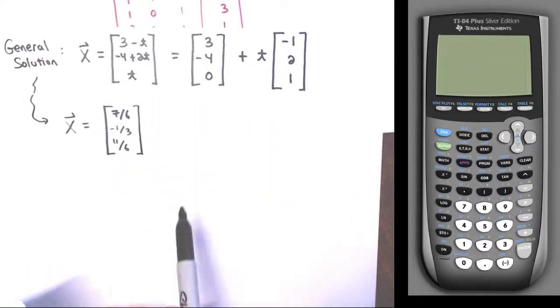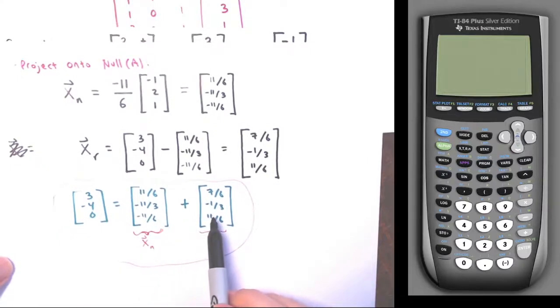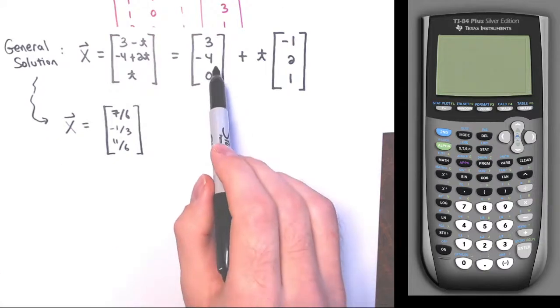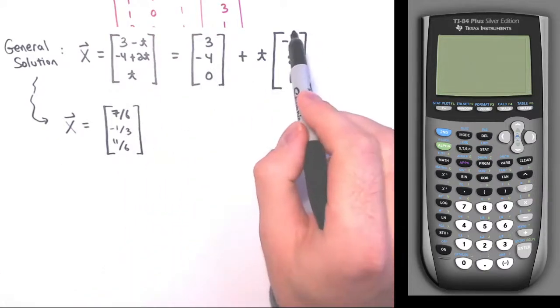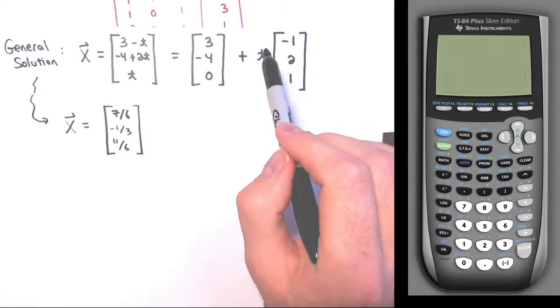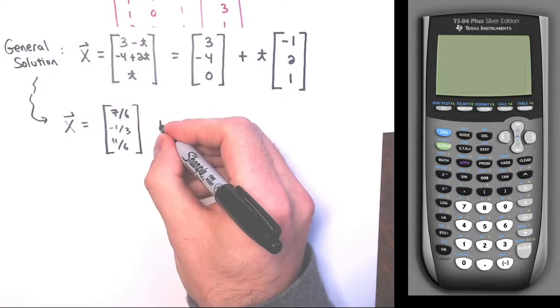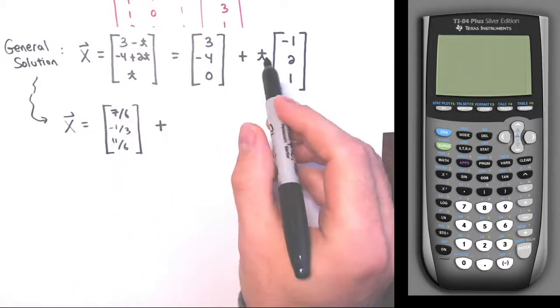Then plus this vector here, the row space vector plus the null space vector. But remember, I have the row space vector plus the null space vector, and then I got another null space vector over here. So, putting them together, I'll just have plus any null space vector. So the row space vector plus some multiple.